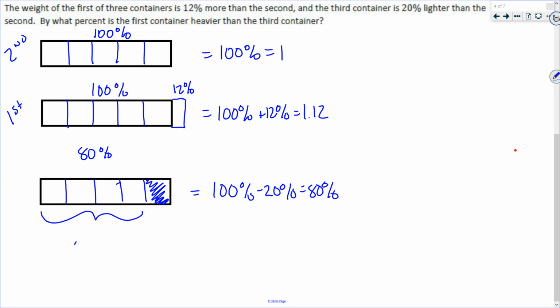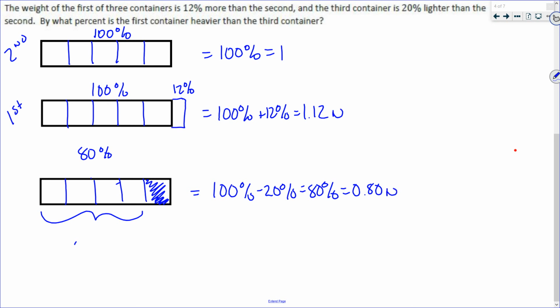So now the question asks, how much heavier is the first container compared to the third container? Well, this becomes a very interesting situation here. Okay? So let's write that 0.80. My bad. So we've got 1.12 times n, 0.80 times n.